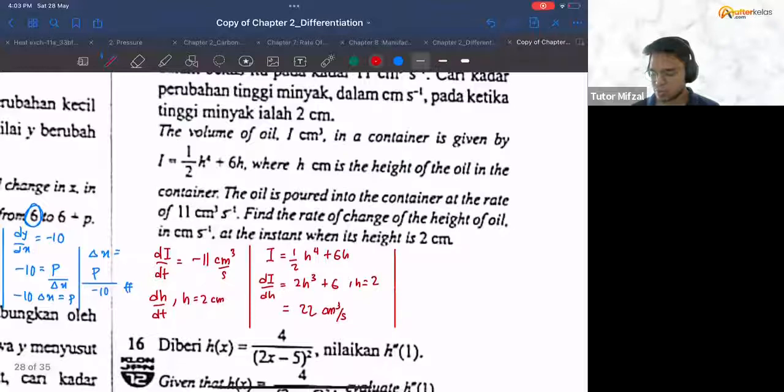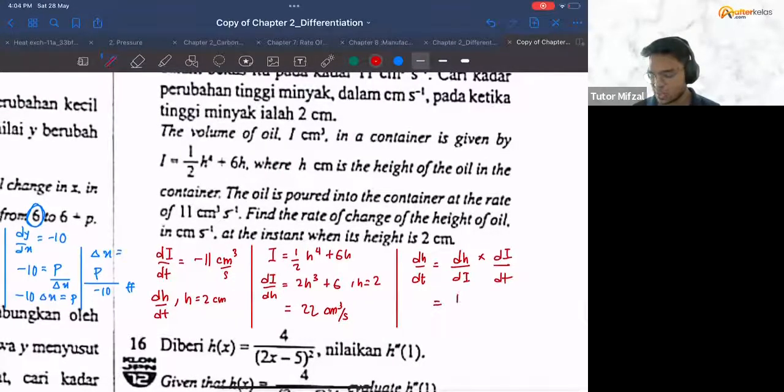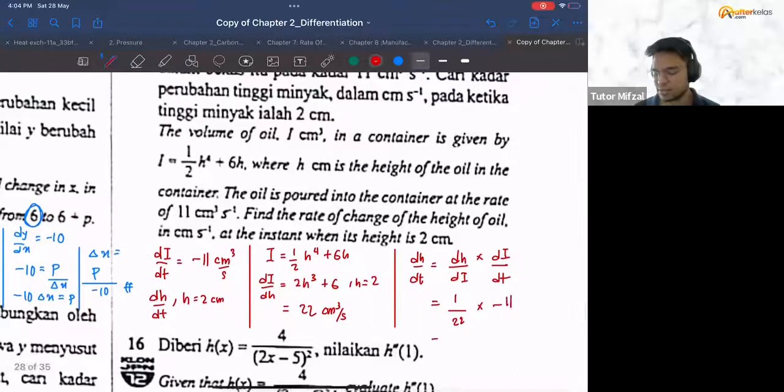So what we need to do is find dh over dt. dh over dt is just dh over dV times dV over dt. So dh over dV is 1 over 22, multiplied with dV over dt, which is negative 11.